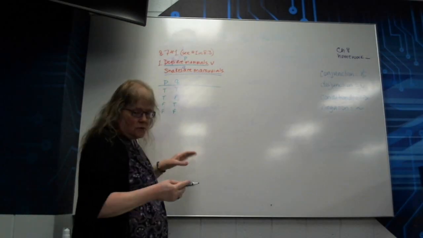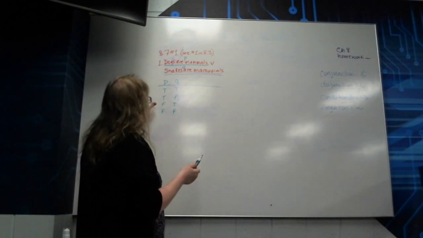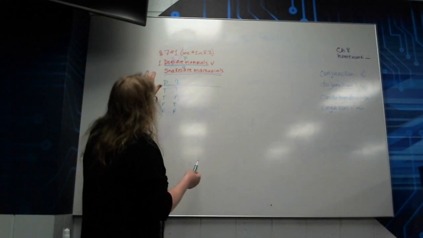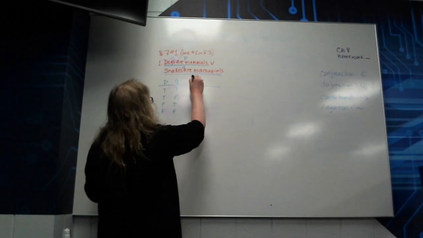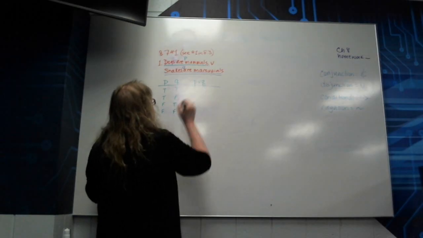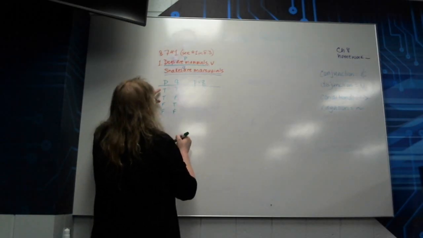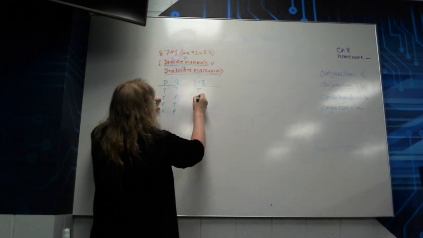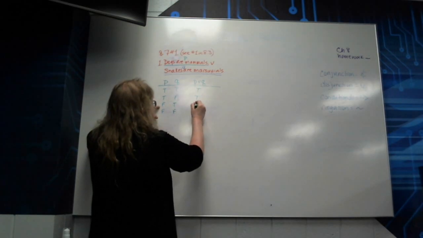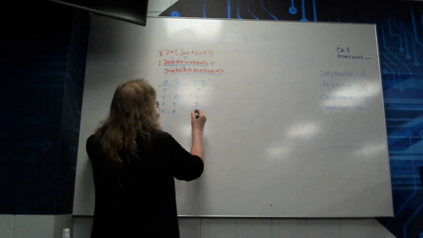Remember the half and half rule, and this is your guides. So my other piece here is P or Q. Okay, so P or Q, true and true is true, true and false is true, false and true is true, false and false is false.